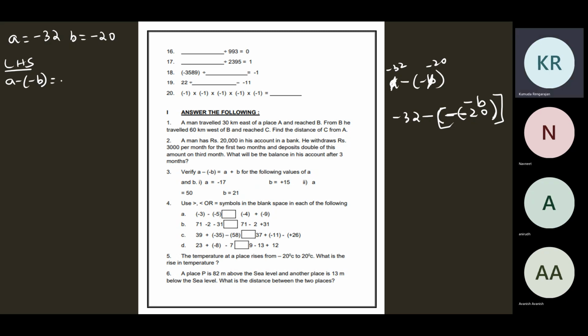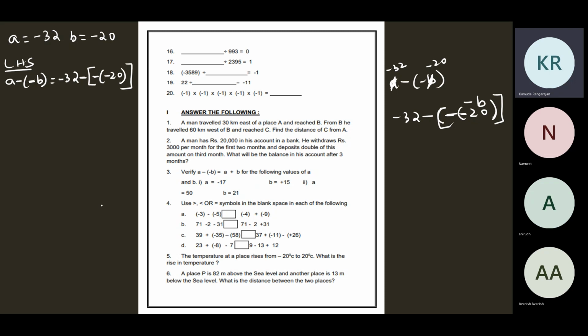So you must, instead of A, write minus 32. Then this minus sign here must be put as it is. Now you can see that B itself is negative. You can see that here B itself is negative. So you should start with a square bracket. Then put this minus sign. Now instead of B, what is B? Minus 20. Write that minus 20.